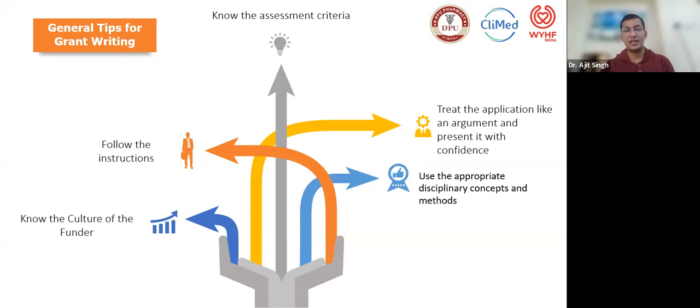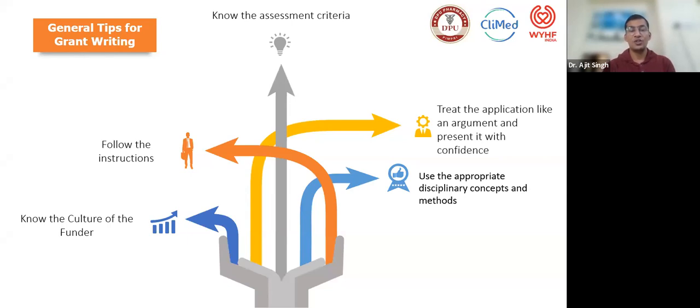We have to support our idea in that matter and present it with confidence. When you are presenting your proposal, confidence shows that you are the right person, your proposal is the right proposal, aligning with the criteria of the funder or funding agency.